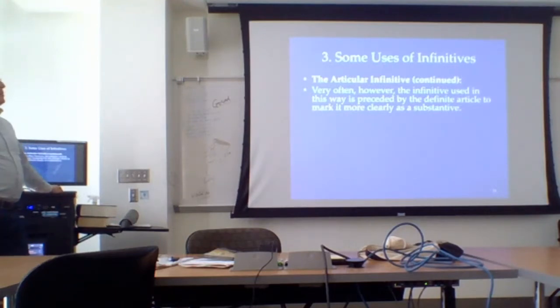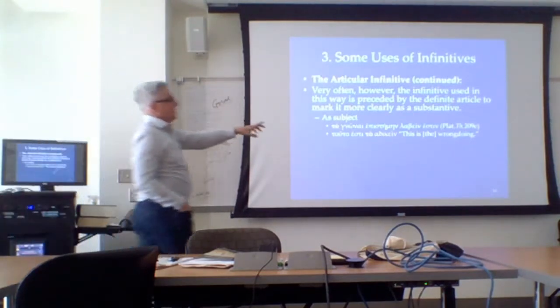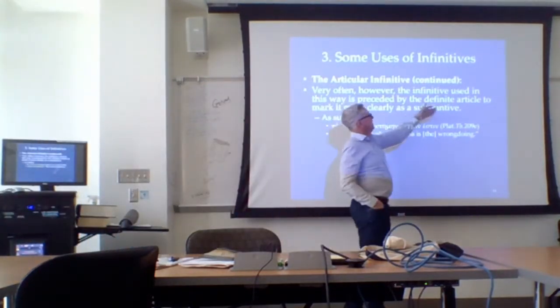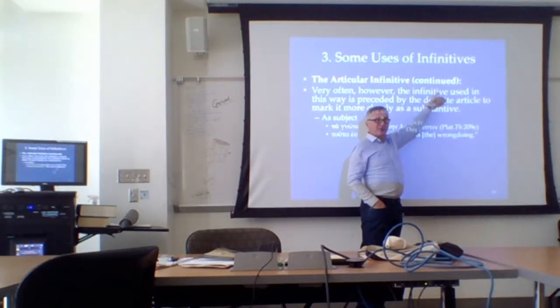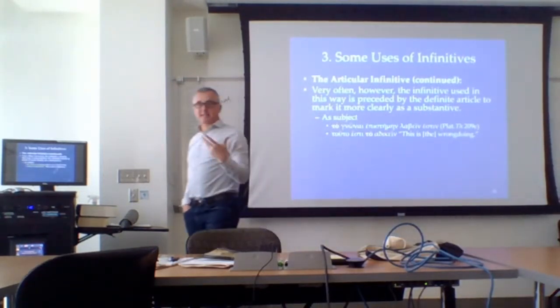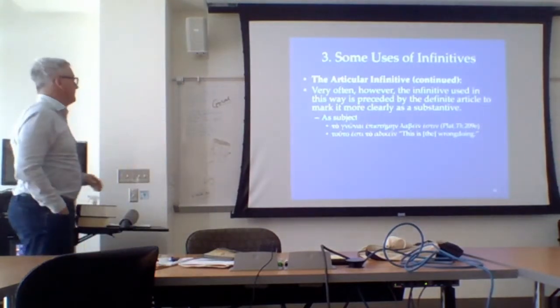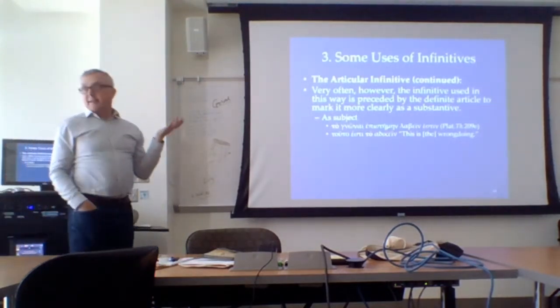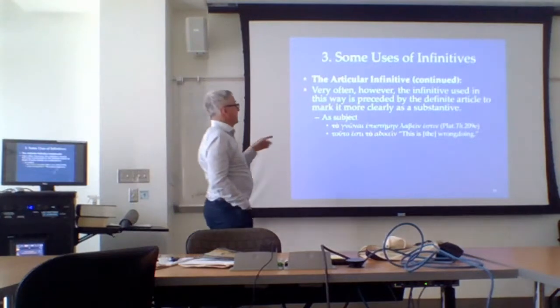Very often, the infinitive used in this way is preceded by the definite article to mark it more clearly as a substantive. And notice that I say definite article, but it's actually redundant to say that in Greek because there's only one article. But I do that for clarity's sake, because in English we distinguish between an indefinite and a definite article. Hence it's called the articular infinitive, because it's got the article. Right?